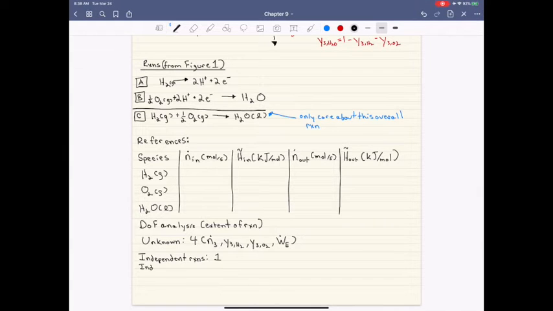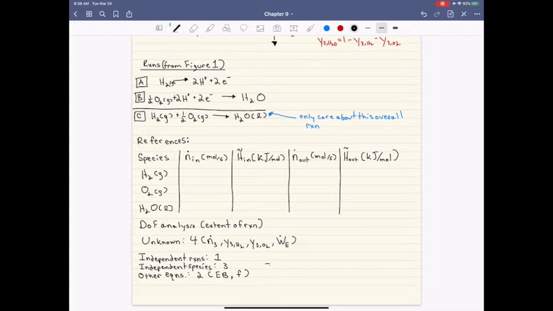The number of independent species we have in the system is 3. The hydrogen, the oxygen, and the water are all separate species. And the other equations or pieces of information that we could use totals up to 2, because once again we still have our energy balance that we could use, and we're also given information about the conversion of the hydrogen in the system, and so that's going to be useful later on.